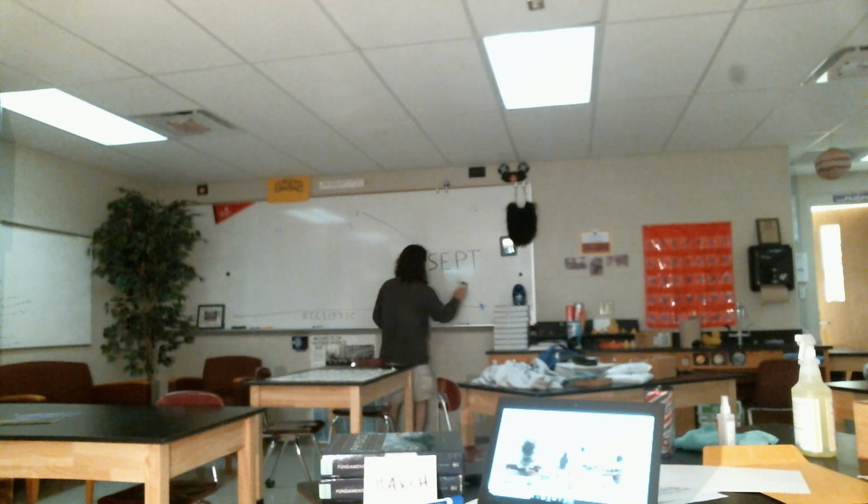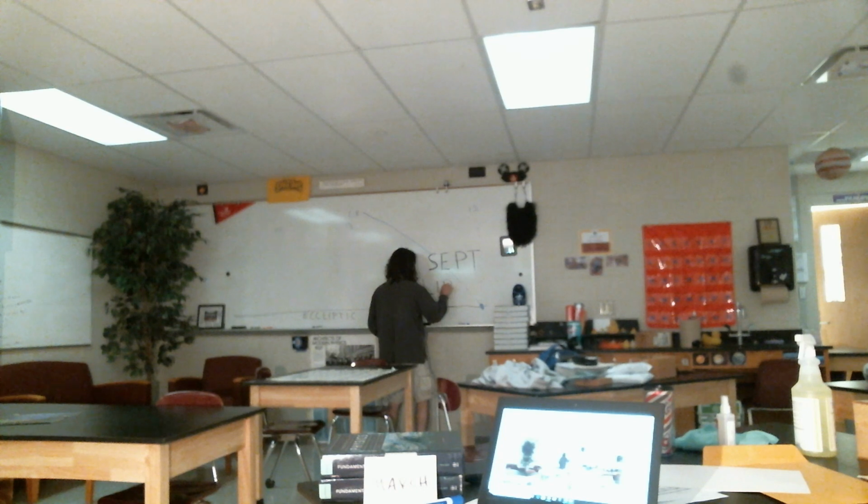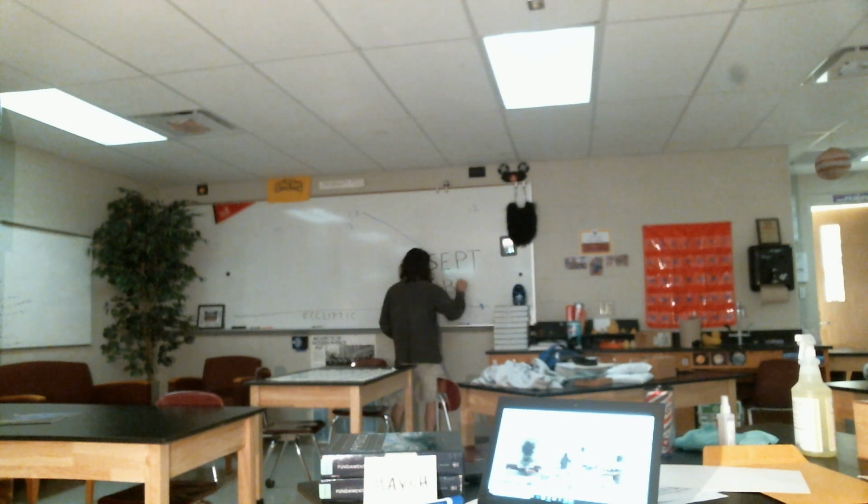Okay, and this constellation is Libra. Right there, where that big heavy dot is, happens to be in the constellation Libra. So hopefully you can read that. I know it's a little bit distant. Oh yeah, you can read that. Good, that's September.